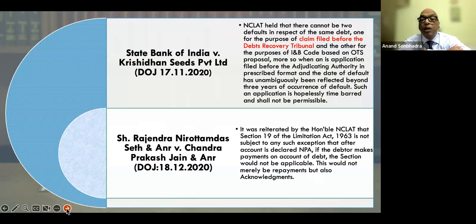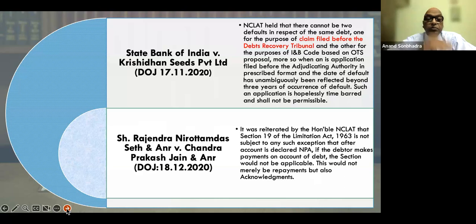More so, when an application filed before the adjudicating authority in the prescribed format reflects the date of default unambiguously beyond 3 years of occurrence of default, such an application is hopelessly time barred and shall not be entertained. This matter went to the Supreme Court also, and we will see the details of the judgment when we come to it.